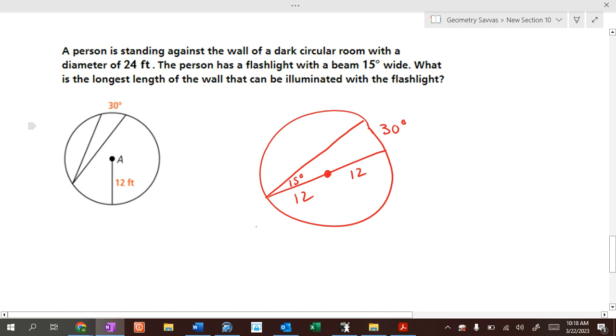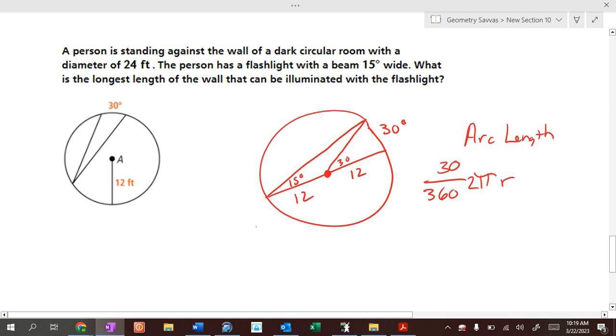Now, to figure this out, this is a 30-degree angle here. And arc length equals the central angle divided by 360 times 2 pi r.